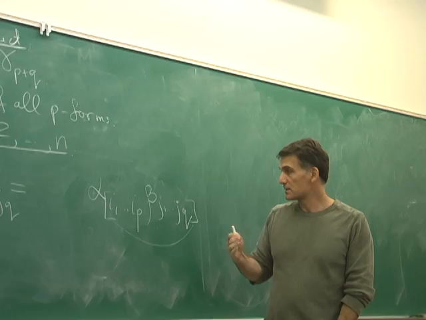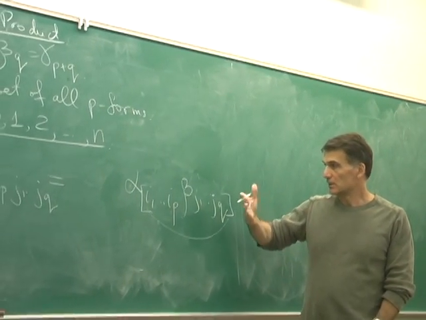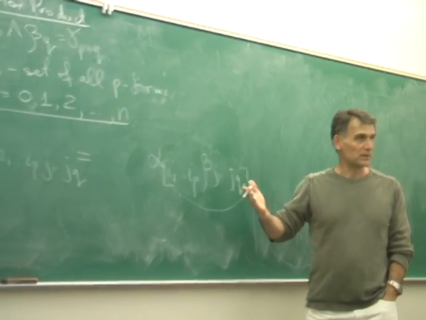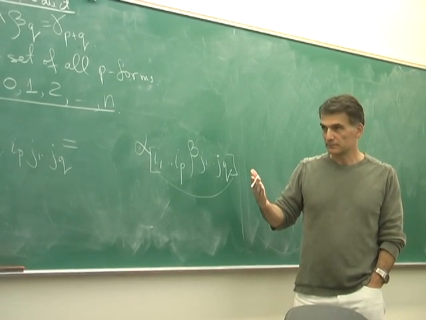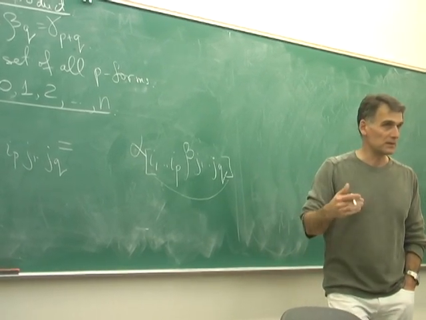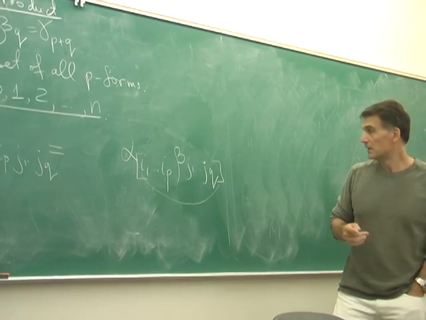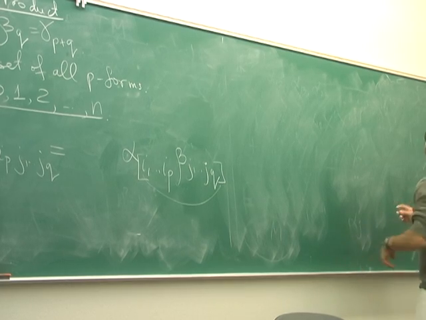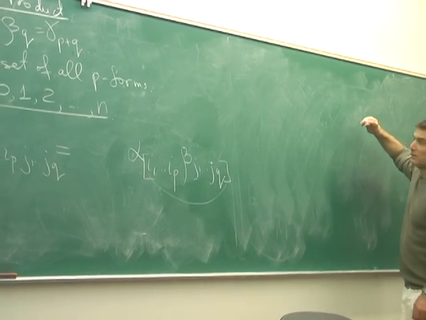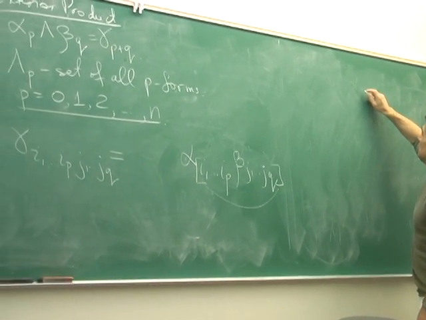And the sign is +1 if it's an even permutation, and -1 if it's an odd permutation of this number. Let me just give you the definition. So what does it mean?